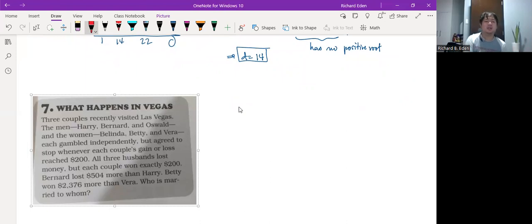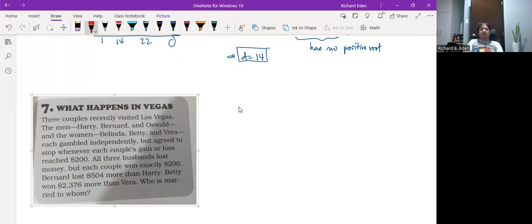Okay, so Harry, Bernard, and Oswald, and Belinda, Betty, and Vera each gambled independently but agreed to stop whenever each couple's gain or loss reached $200. So parang either nung sum ay positive 200 or the sum is negative 200. But in this case, each couple won exactly 200.